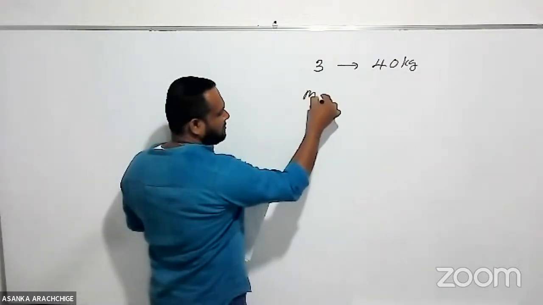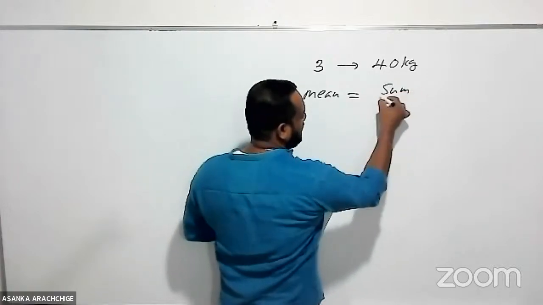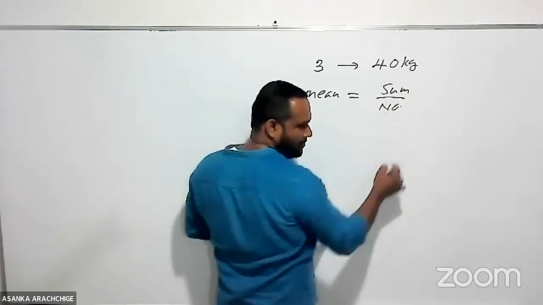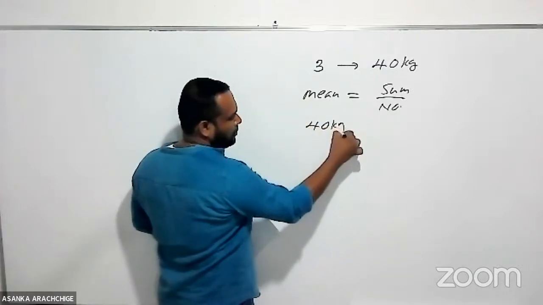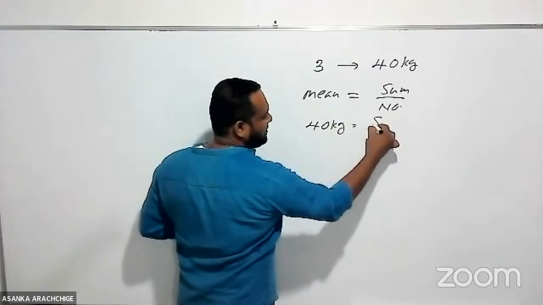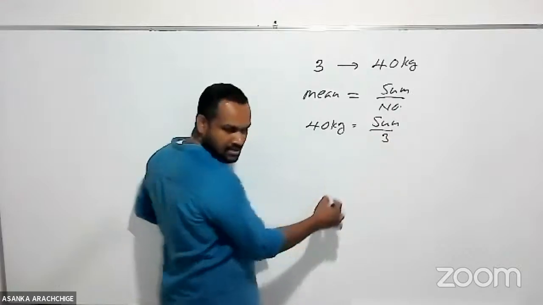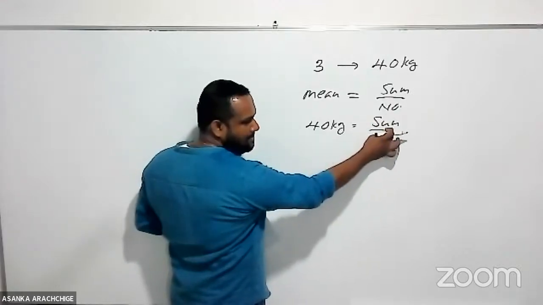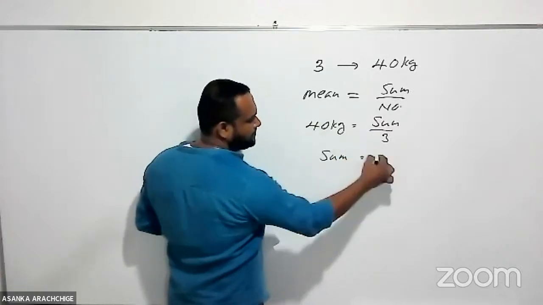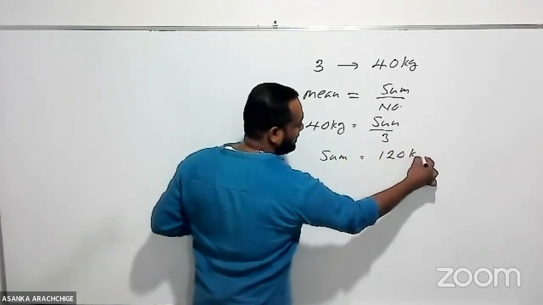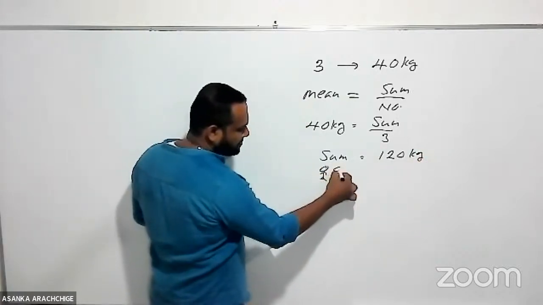Mean equals sum of data divided by number of data. The mean has been 40 kilograms. The sum of data we don't know, but we know the number of data, 3 students. Therefore, the sum of the mass of 3 students must be 3 times 40, 120 kilograms.